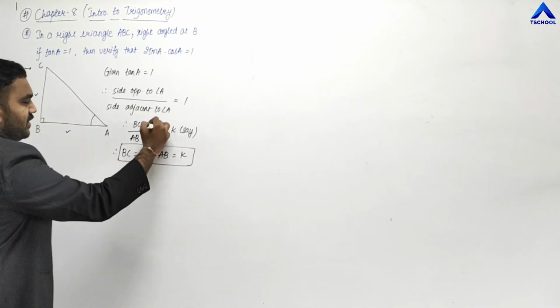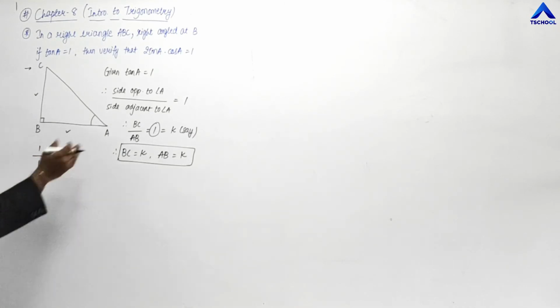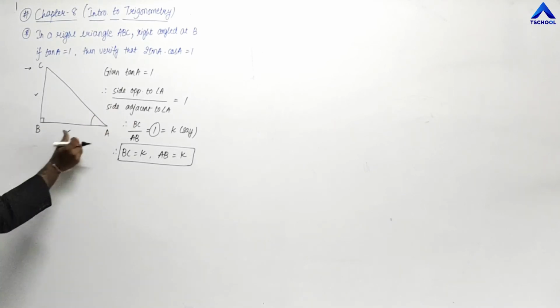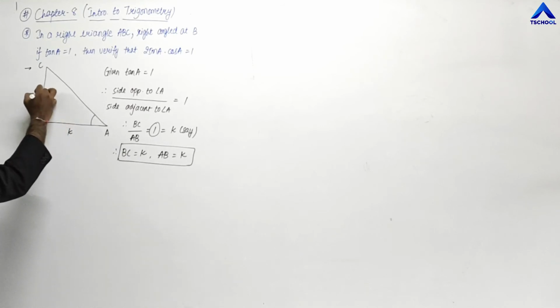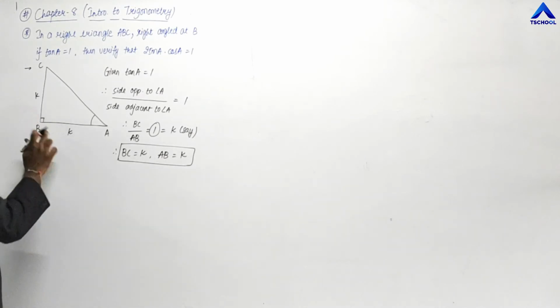Because the ratio is given as 1. The ratio is 1, that means the numerator and denominator are both equal, so the ratio 1 to 1 is simply K to K. So BC equals K and AB is also equal to K. We got these two.